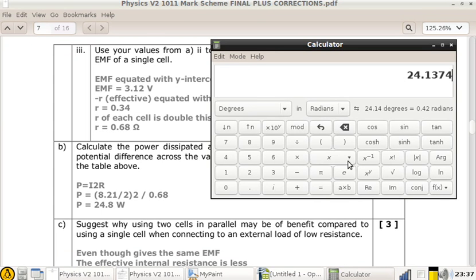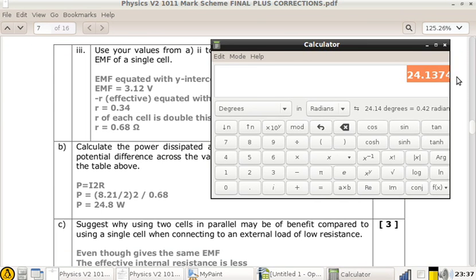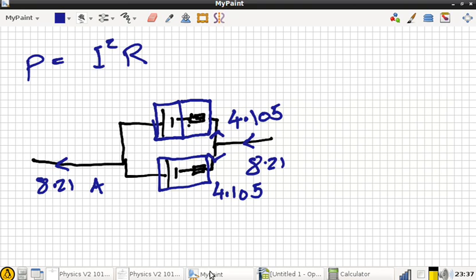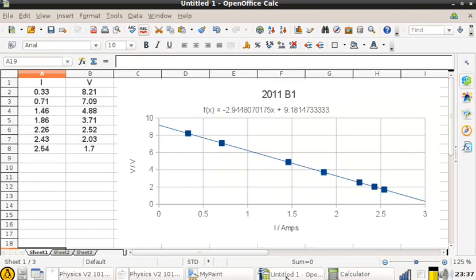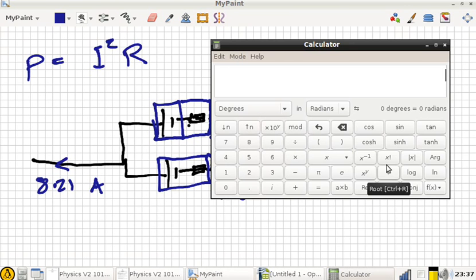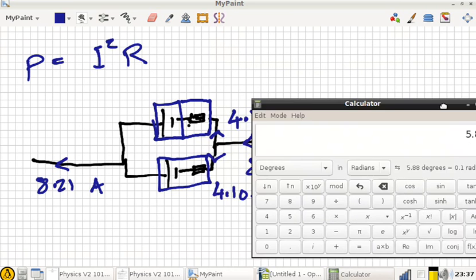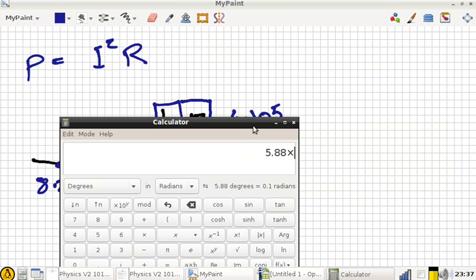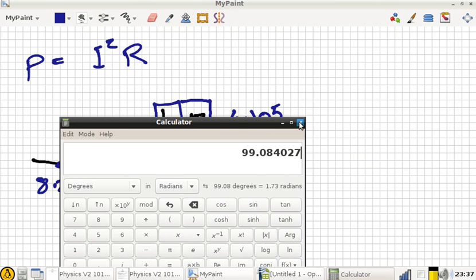I forgot the square. Let me do that again. It is 5.88 multiply 4.105 squared. I forgot to square my current. It's I squared. No, so it's not close.